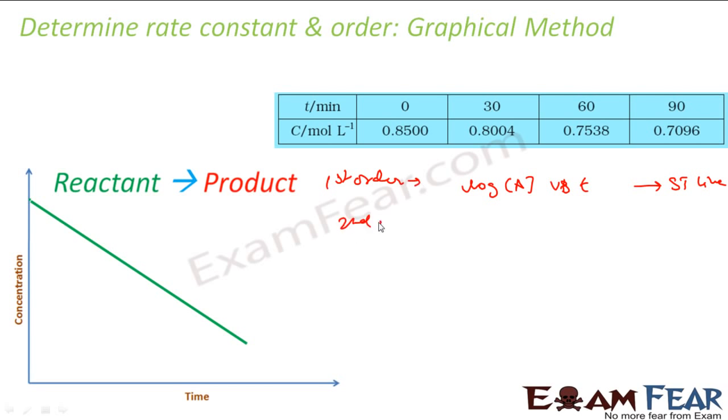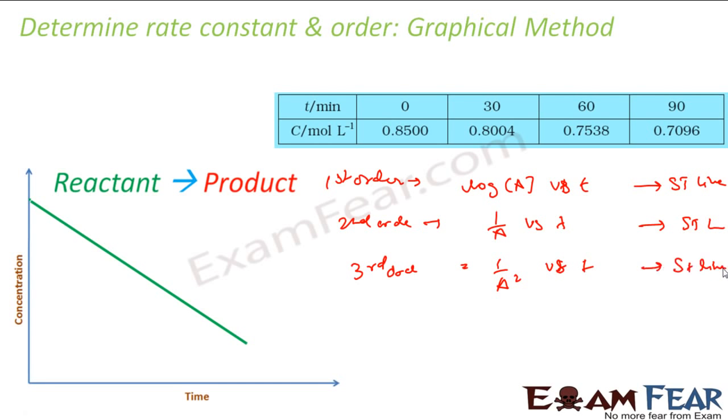If it is a second order equation, then 1 by A versus t will be a straight line. If it is a third order equation, then 1 by A square versus t will be a straight line. If it is a zero order equation, then A versus t will be a straight line.